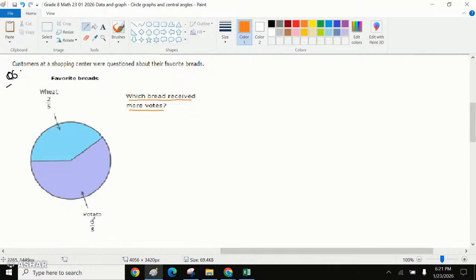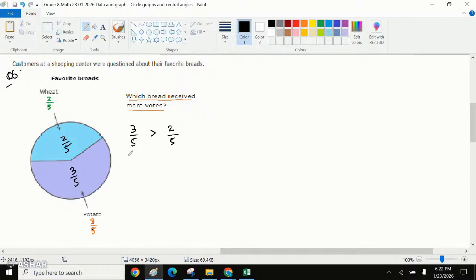Or we can say this was 3/5 of the total, and wheat was 2/5, right? That means this share was 3/5, and this share was simply 2/5. So the more the ratio you have, we can say 3 upon 5, that is potato, is greater than 2 upon 5.